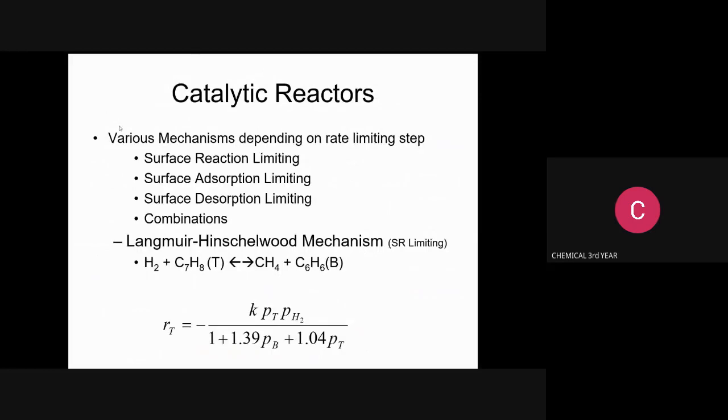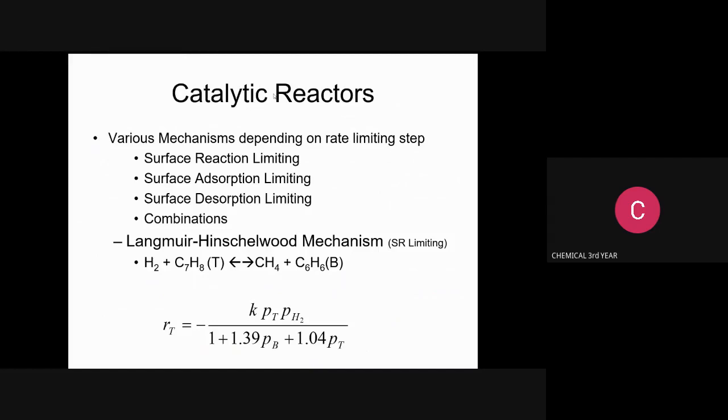As I previously told, there is a catalytic reactor. In that, you know how the reaction happens inside the reactor.